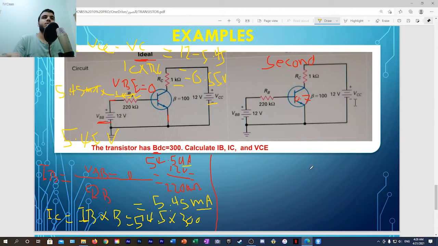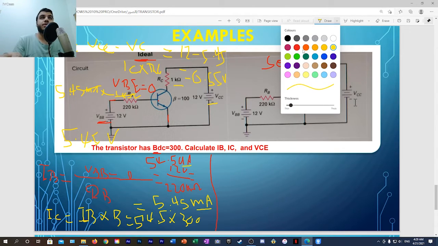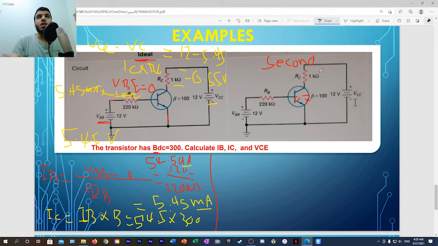Let's go to the second approximation. The only difference here is that in the second approximation VBE is 0.7. So IB equals VBB minus 0.7. Notice that in the first approximation it was minus 0.